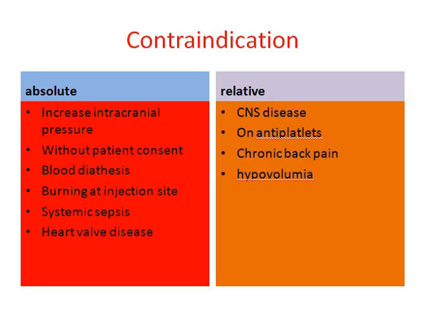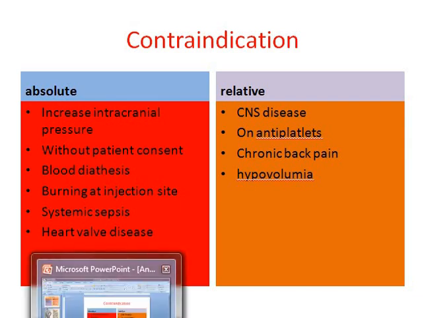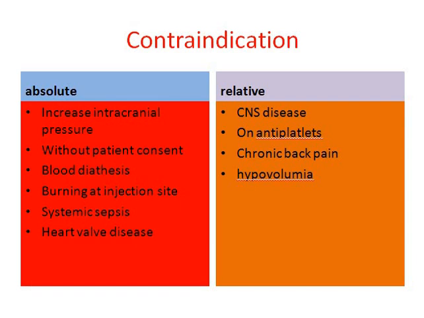Lastly, we'll discuss the contraindications. Some are absolute, whereas others are relative. The absolute contraindication for spinal anesthesia is increased intracranial pressure because it will increase the probability of CSF leakage. It should absolutely never be given to a patient without consent.